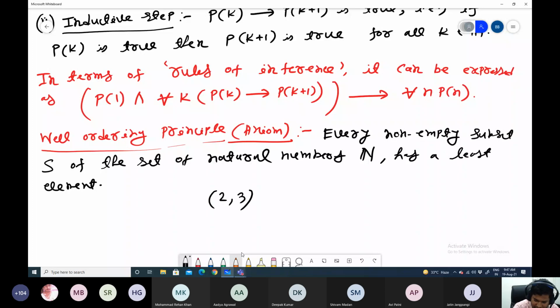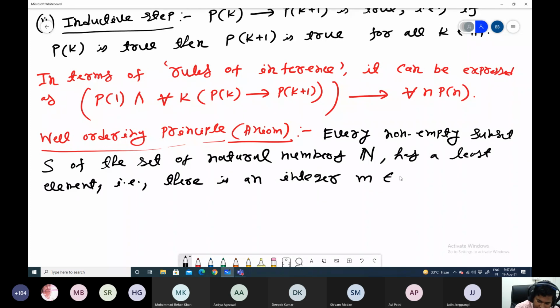So I will define here what the least element is. A least element is an integer m belonging to S such that m is less than or equal to n for all n belonging to S. So S has many elements and this is the least element.